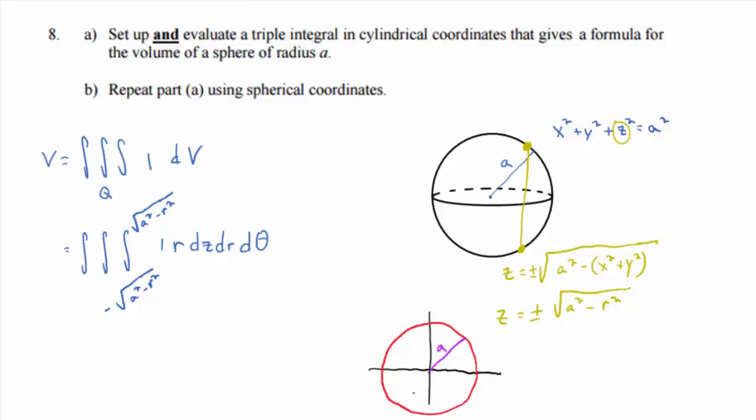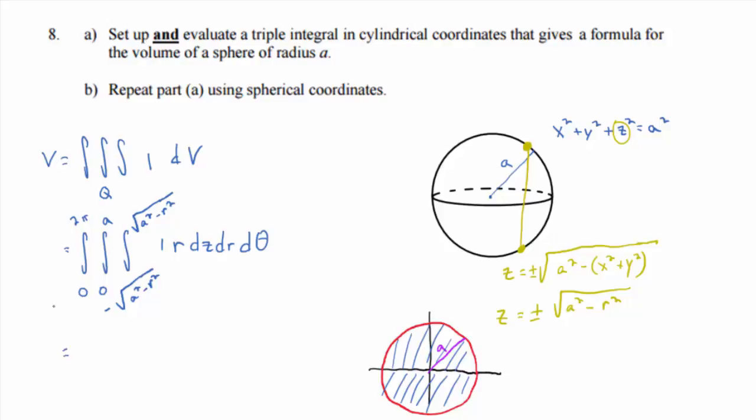So what does r run from for the middle limits of integration? 0 to a. And then it's really the entire sphere you project down, so it's really the disk that you're integrating over for the outer two integrals. And so to carve out that entire disk, theta goes from 0 to 2 pi.